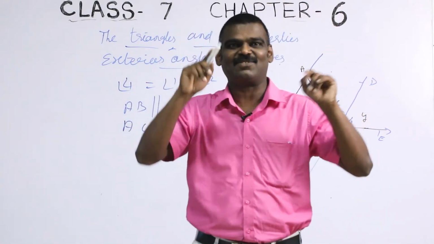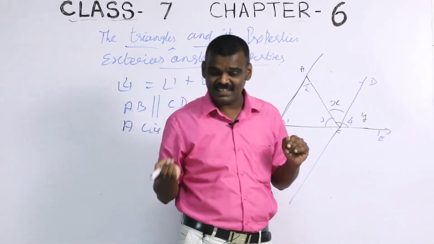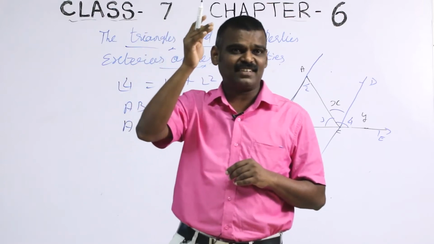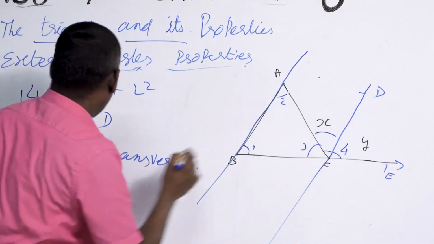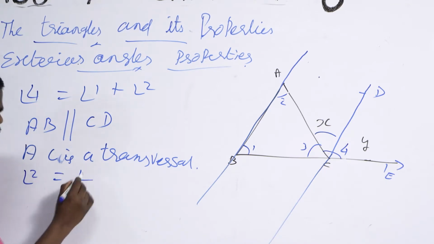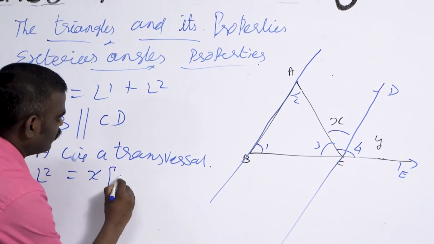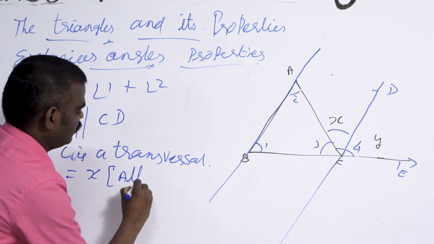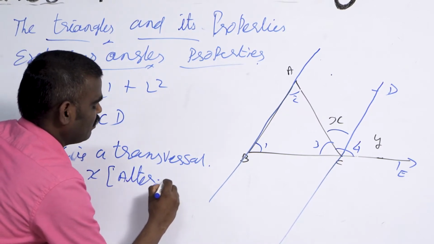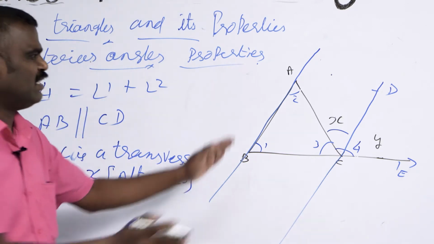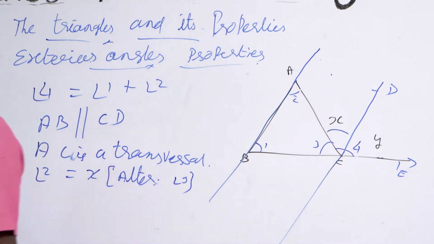Yes, got it. So, what do we call these two? Angle 2 equals angle X. These are alternate angles, or alternate interior angles, because they are inside. Alternate interior angles. Okay.